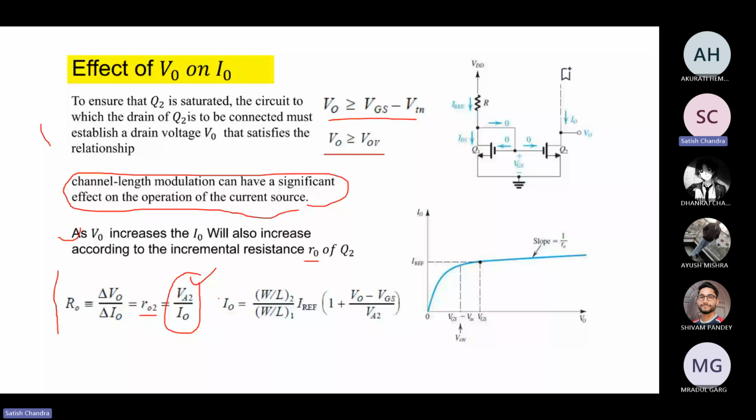That is 1 plus (VO minus VGS) by VA, that is, the early voltage. So whenever channel length modulation comes into the picture, that is going to happen.